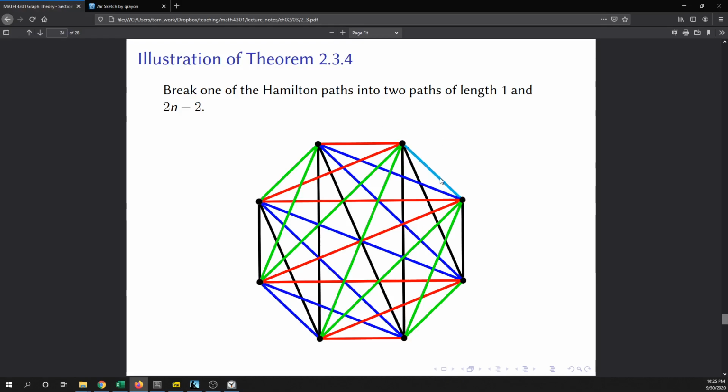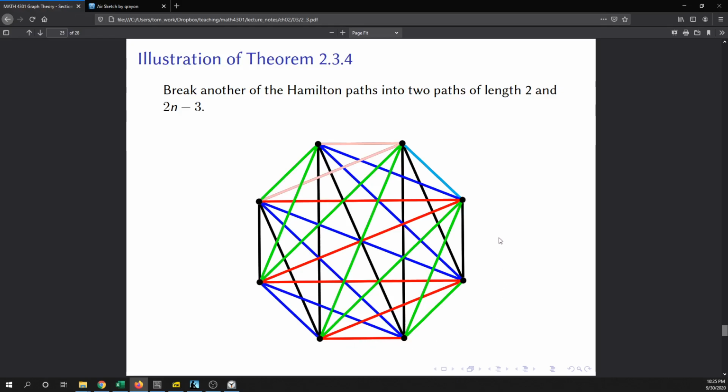So this cyan is the path of length 1, and then I just left the blue path, which now has length 6 in this particular case. Then I'm going to break another Hamilton path up into 2 paths, one of length 2. That's the one I colored pink. So I changed these from red to pink. That's a path of length 2, and the remaining reds will be a path of length 5.